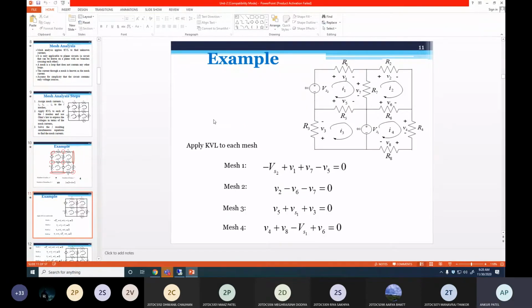Now, to apply KVL, you need to remember those rules: when we are traveling positive to negative, negative to positive, through a resistor, or in the opposite direction through a resistor. So I am just sharing a PDF here. Here the sign convention is changed diagonally.